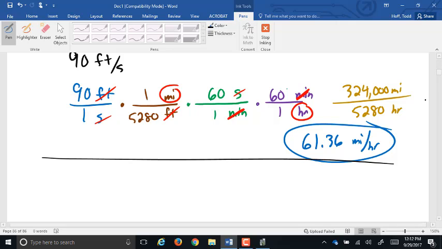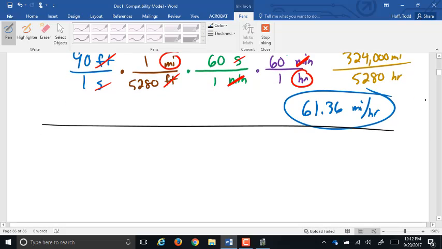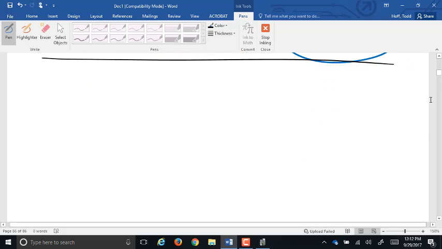Now for you guys, I wanted to show you the standard unit conversions here. For you guys, most of what you're going to do is in the metric system.